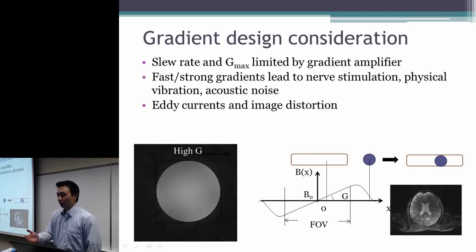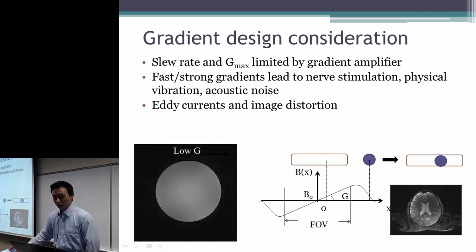So when we want a linear gradient, that is, the gradient itself is supposed to be linear throughout the space, but if we are pushing the limit of the gradients, sometimes it may lead to a nonlinearity. So that will also lead to image distortion.